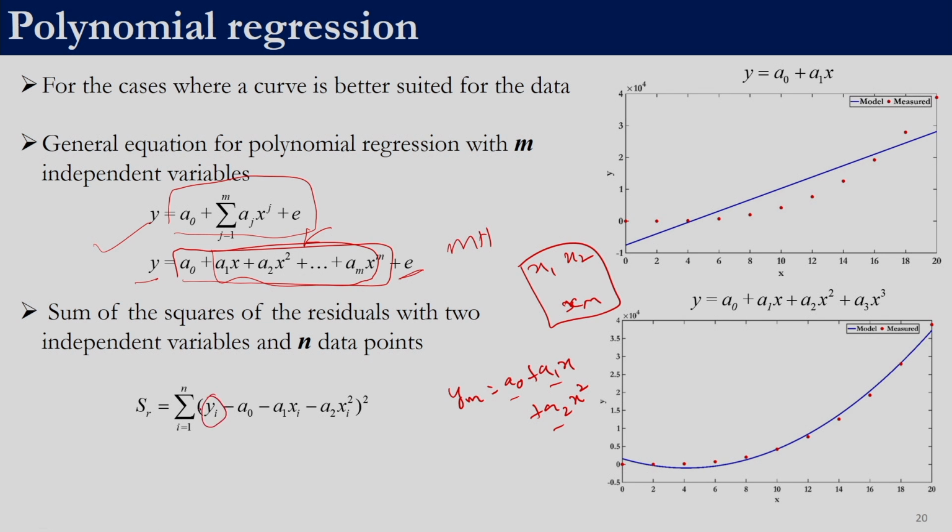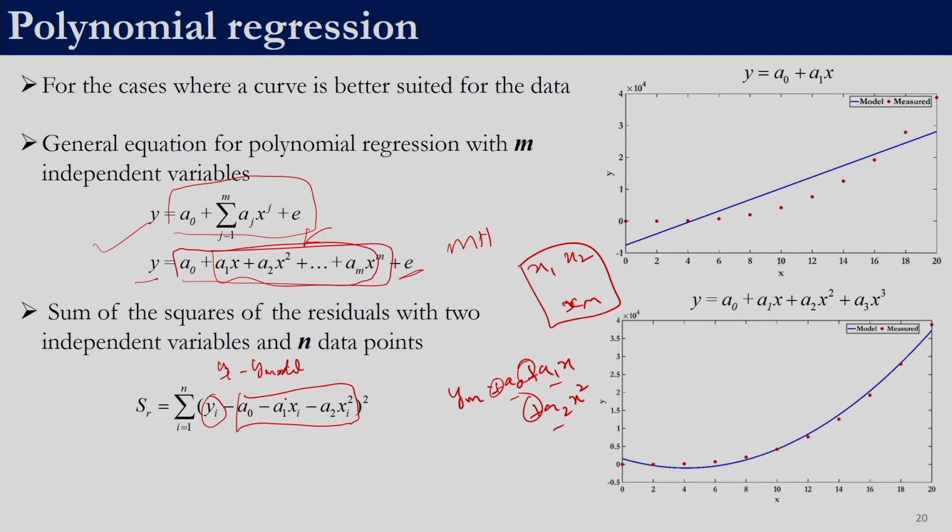So, yi is the observed value, and this is what we get from the model. The minus sign is because it is yi minus y model, so all these positives would become negative. The error is the observed data point minus the model, the whole square.